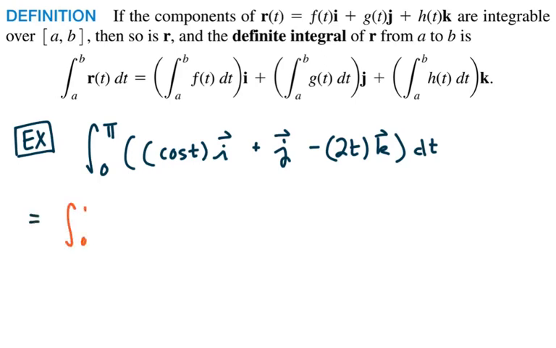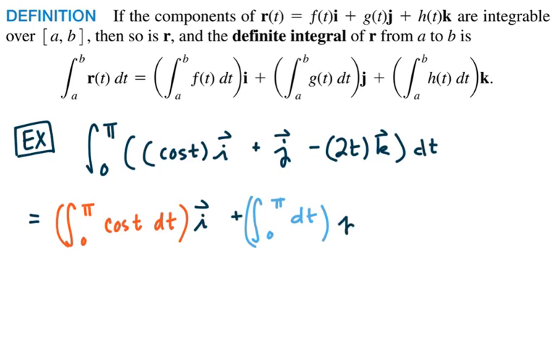This is the same as the integral from 0 to pi of cosine t dt times my vector i, plus the integral from 0 to pi of 1 dt times my vector j, minus the integral from 0 to pi of 2t dt times my vector k.